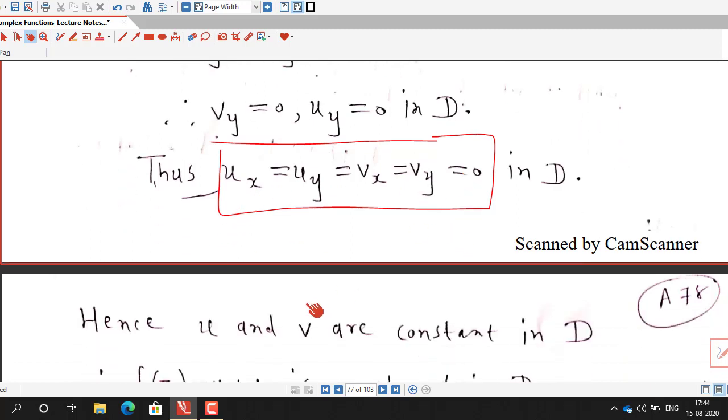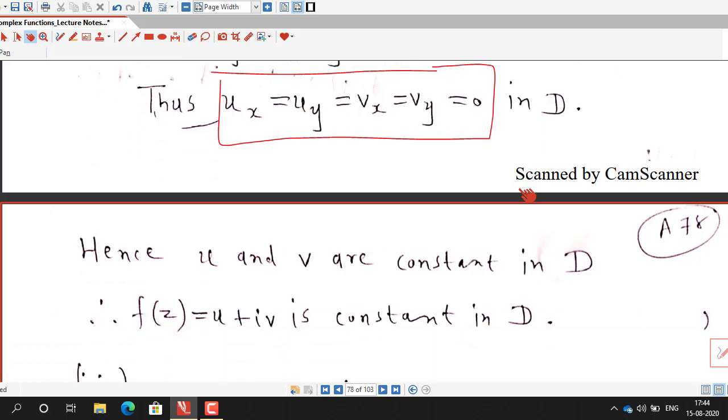So from this we can say that u and v are constant in a domain D because their partial derivatives with respect to x and y are 0. And if u and v are constant, f of z is also constant because f of z is u plus iv.